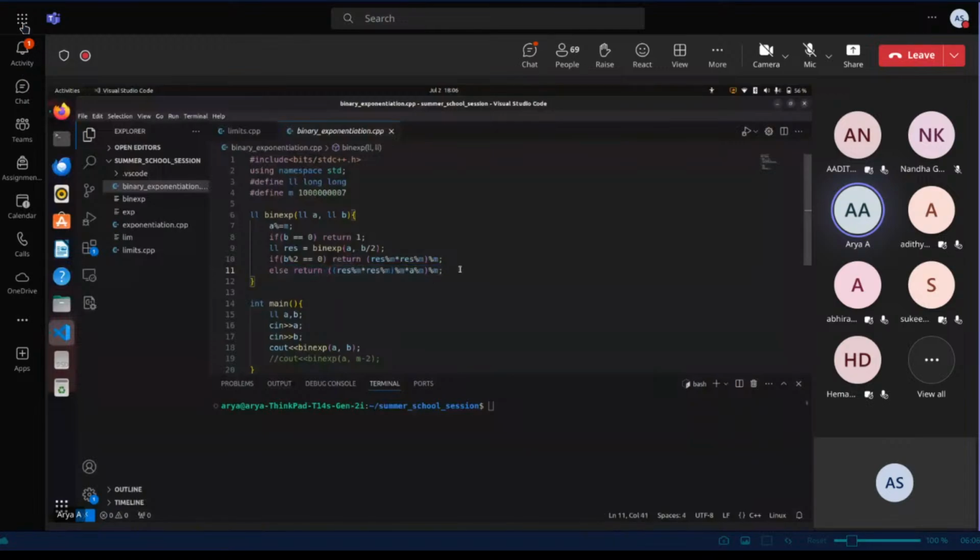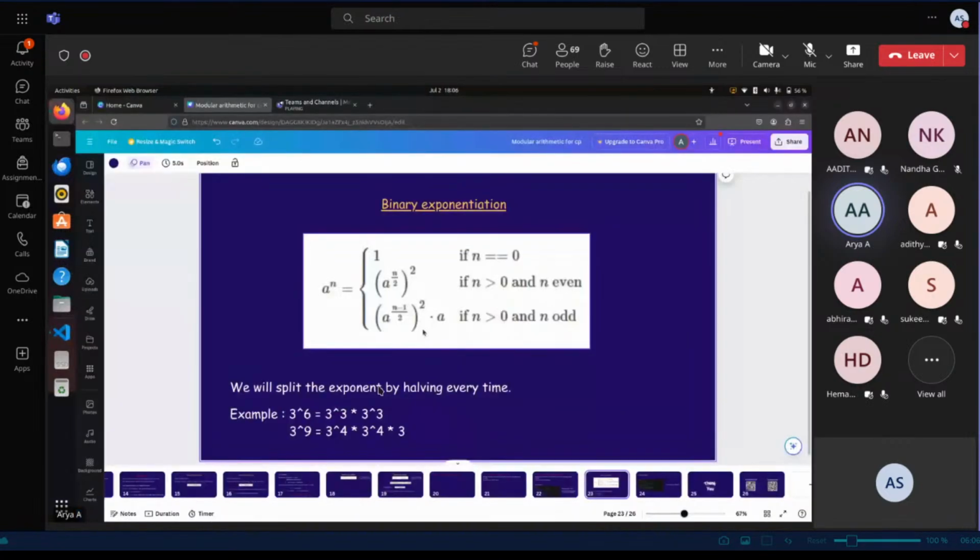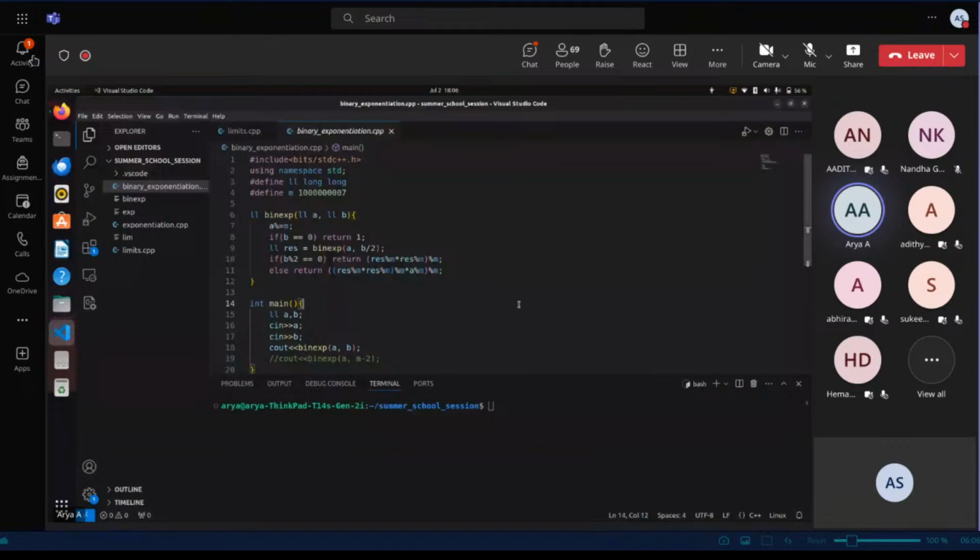Even if I do 5 minus 1 by 2, as it is there in this formula, it's going to be 2 only. So I need not call the function separately for b minus 1 by 2. I can use the same thing. And this will be pretty efficient.